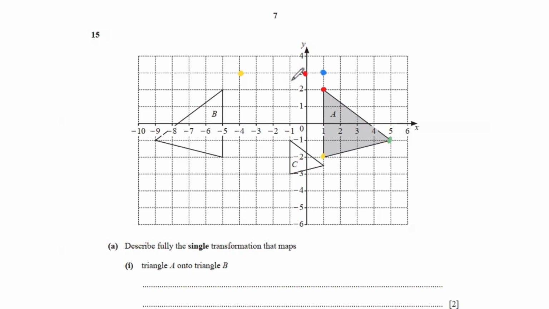So 1, 2, 3, 4, 1, 2, 3, 4. So that's going to be over here. So now if we connect the dots, this is your rotation of triangle A about the point 1, 3, 90 degrees clockwise.